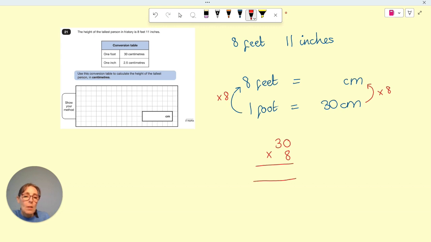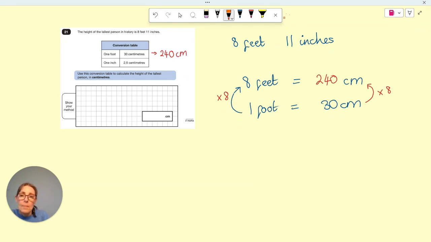8 times 0 is 0, because something times 0 is 0. 8 3s are 24, yeah, so it's 240. So I think that is 240 centimeters. Okay, so let's look at the inches.